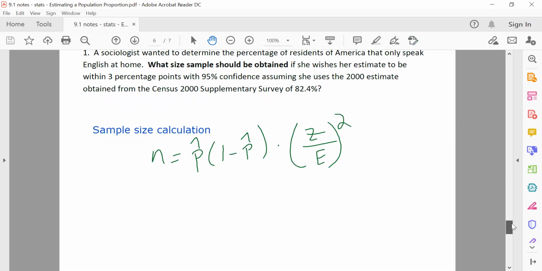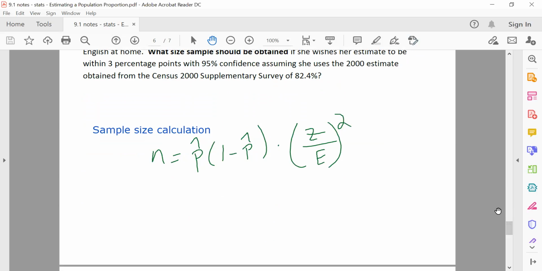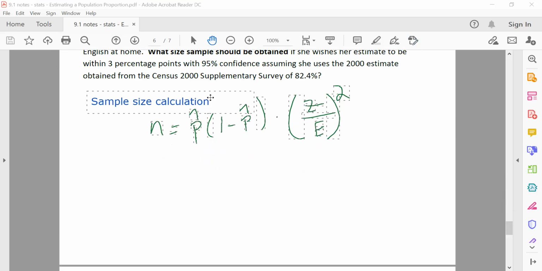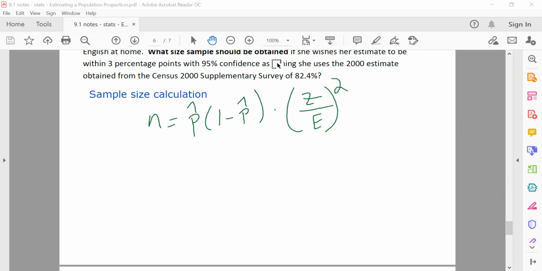Let's just write out what all of our variables are here. n is what we don't know, the sample size. We're trying to figure out what sample size we should use. p hat, we're going to use the prior information, 82.4%, which is 0.824.